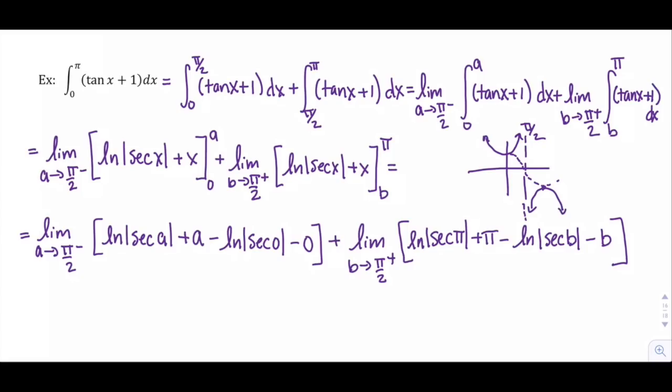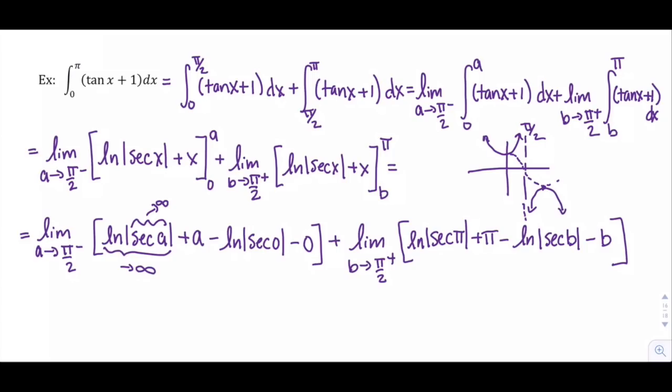Okay, so as a is approaching pi over 2 from the left, secant of a is approaching infinity. So this here is going to infinity. So ln of something that's getting larger, this whole thing there, is also going to infinity.